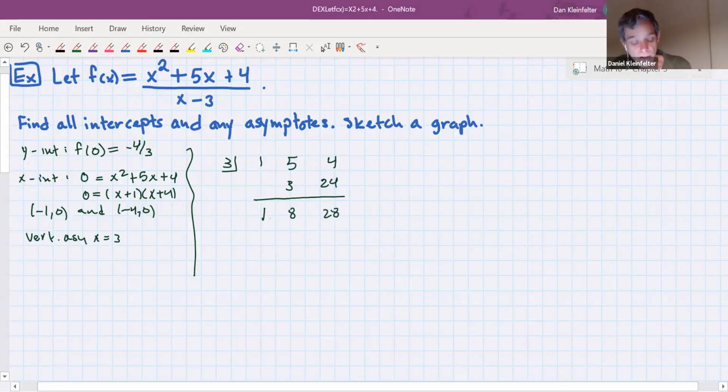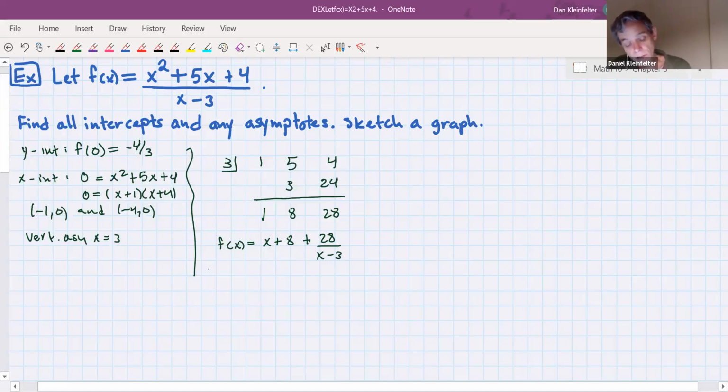So our original function f of x, we can write that as x plus 8 plus 28 over x minus 3. All right, and again, I'll leave it to you to check that if you go ahead and combine terms in this f of x, that you're going to get our original f.